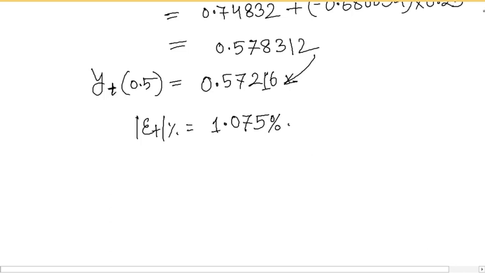Similarly, you'll get all the values as I am drawing here, a table.